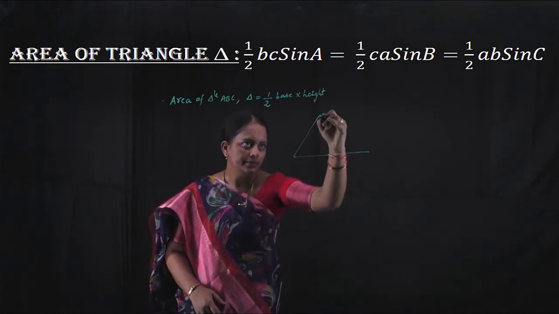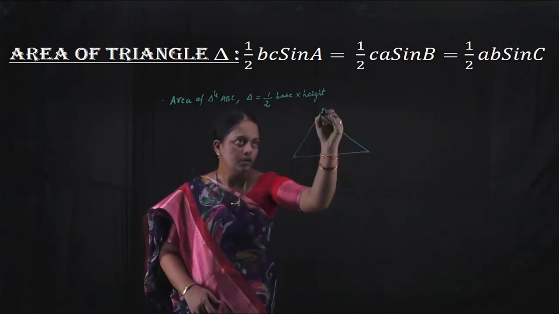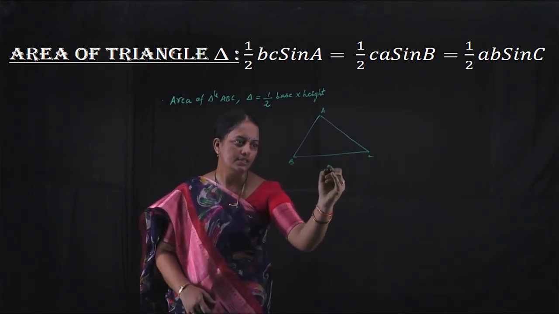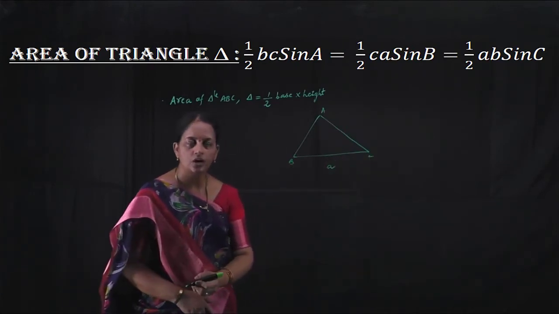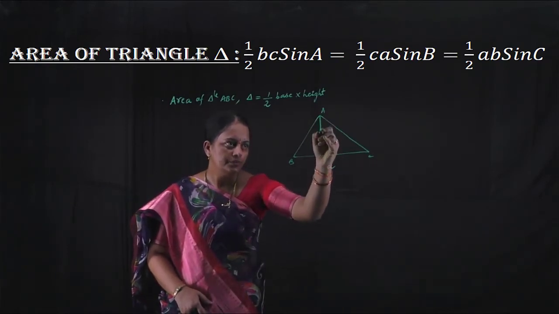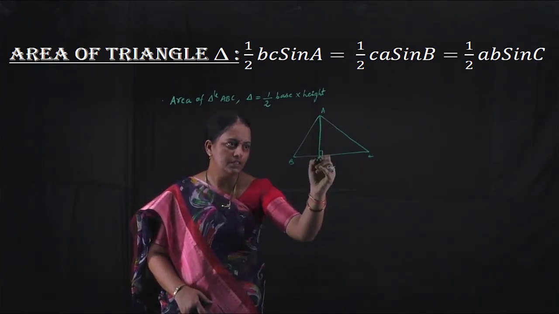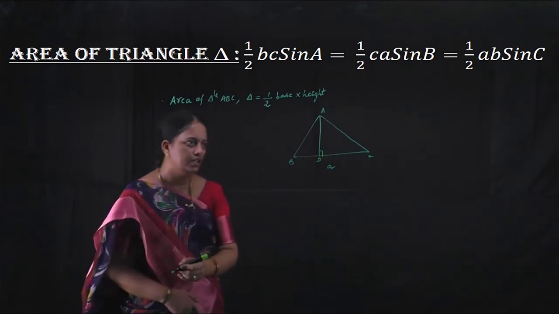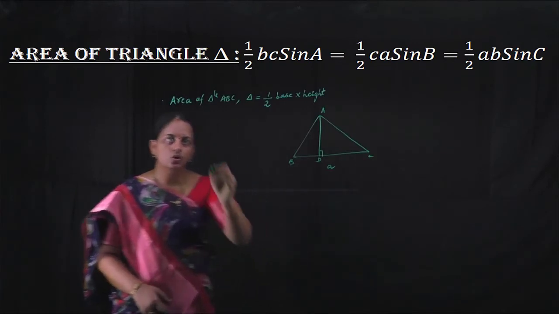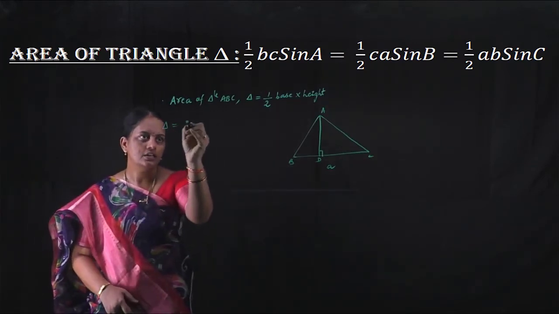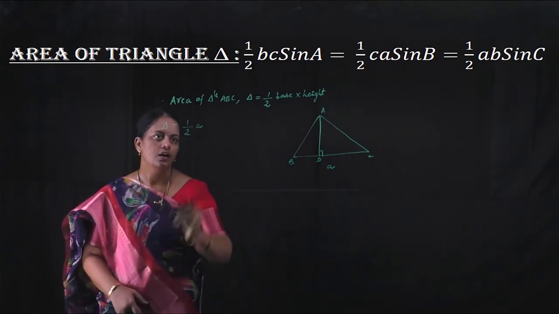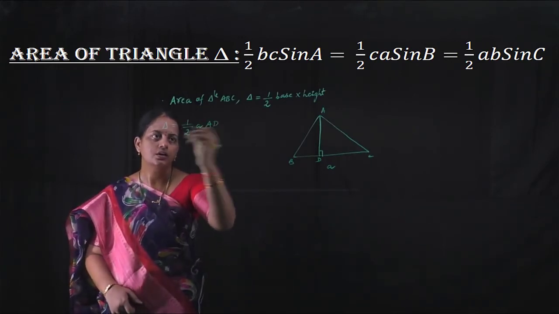Consider the triangle ABC. Here BC is equal to small a, the side opposite to the angle A, and draw the perpendicular from A to BC, that is AD, the altitude of the triangle. So the area delta is equal to half base, small a, into height, the altitude AD.